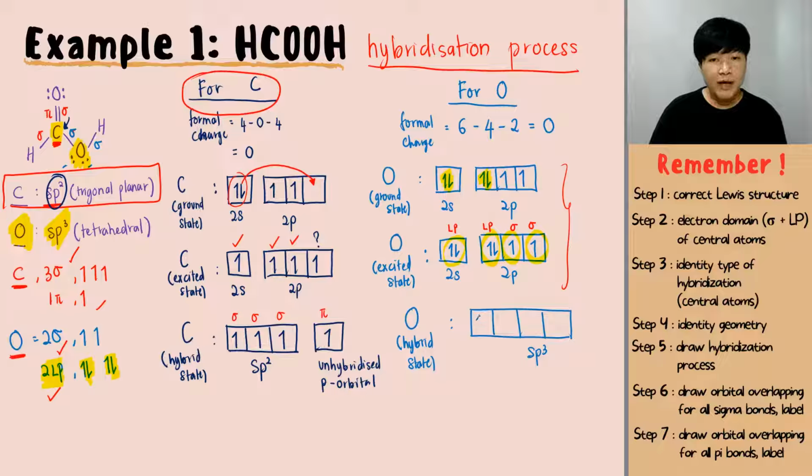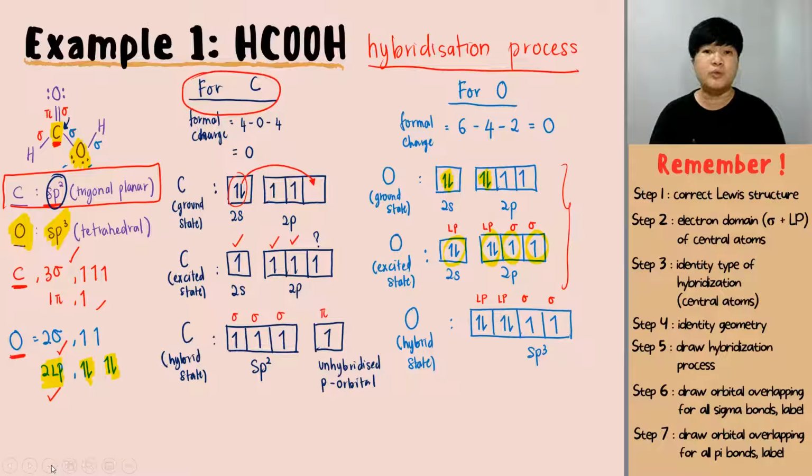The one from the S is a paired-up electron. The first orbital from the P is also your paired-up electron. And then you have 2 single electrons from the P orbital. Just a kind reminder, that is your lone pair, that is your sigma, sigma. Is that clear? Okay, I hope that is very, very clear.